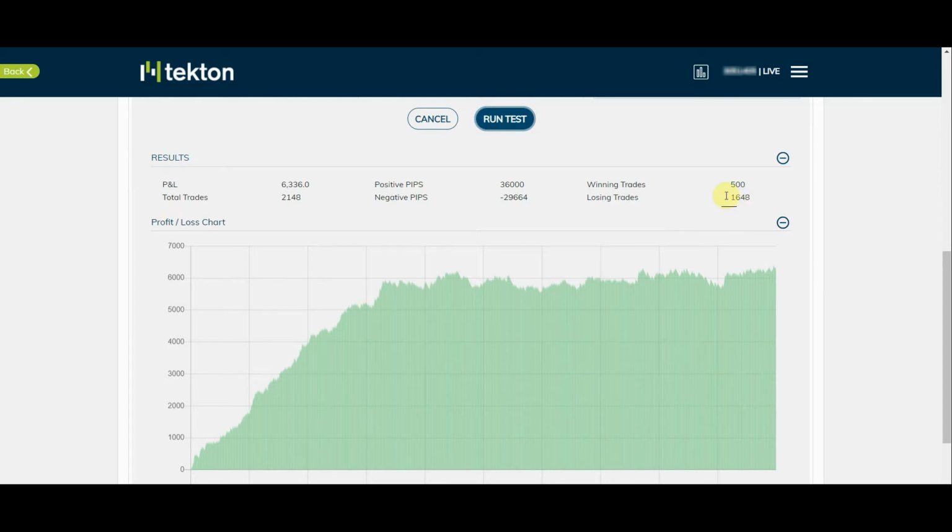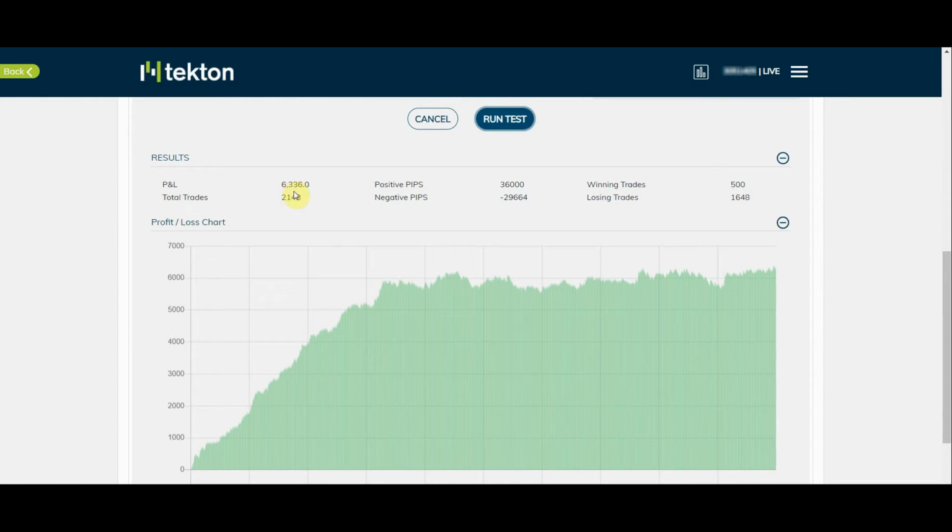You've got a lot of losing trades in these higher reward to risk system strategies. 6,336 pips of profit overall, 500 winning trades, 1,600 losing trades. But overall, it's over 6,000 pips up.